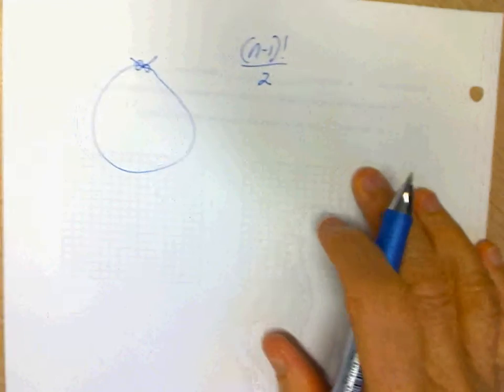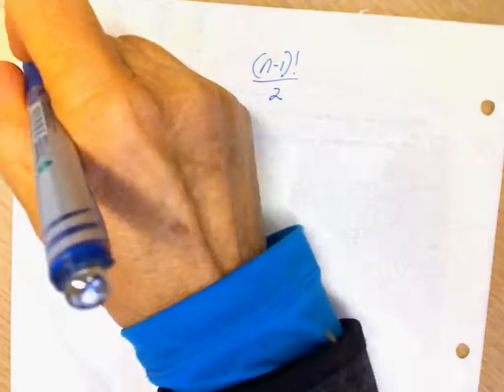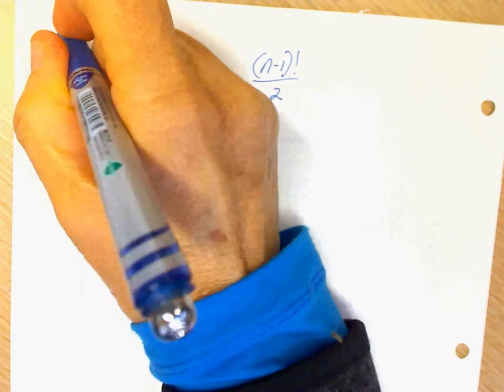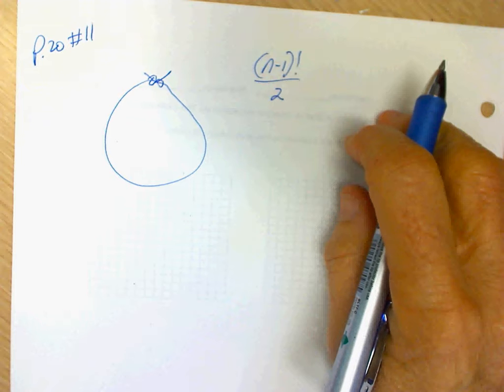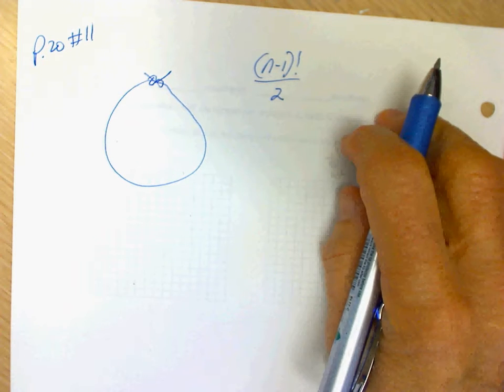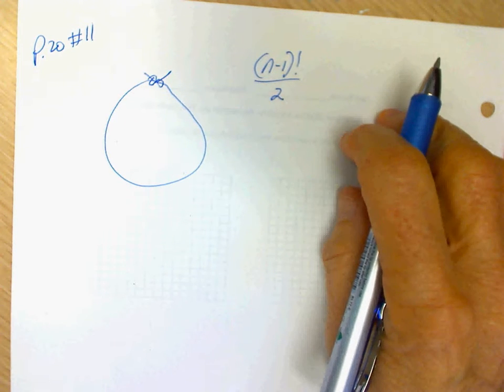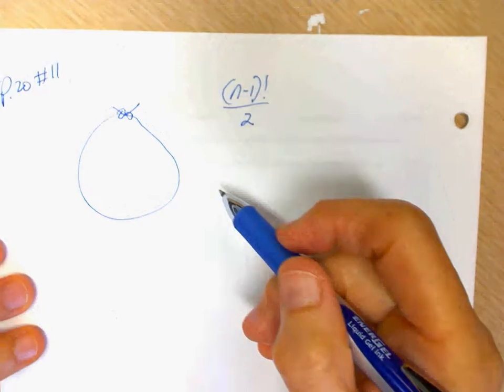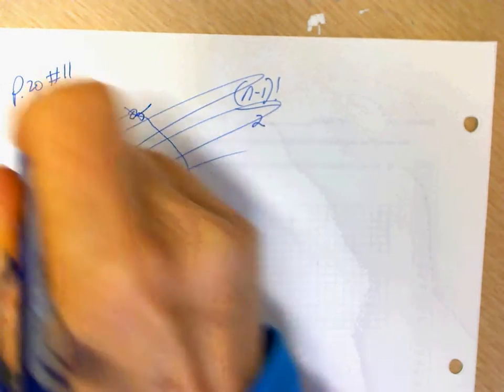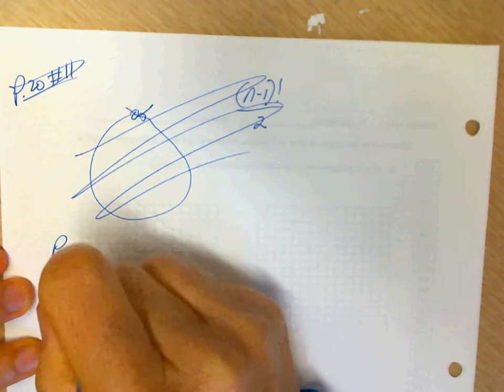Oh, I'm sorry. Okay, this is page 20, number 11. Oh, my bad. I'm sorry. Okay, page 21, number 11.